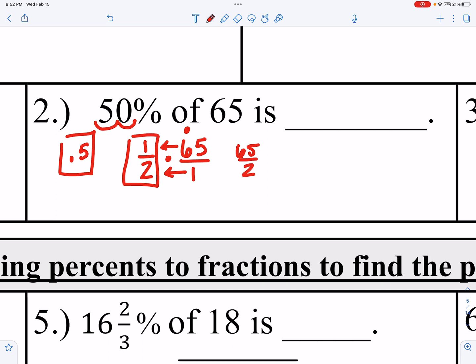And half of 65, we know half of 60 is 30, half of 5 is 2.5. And so we are joining our 2 there, and we end up with 32.5. Okay, so half, or 50% of 65, is 32.5.